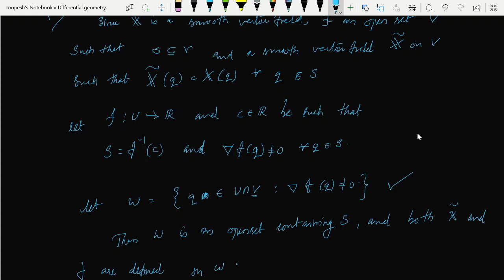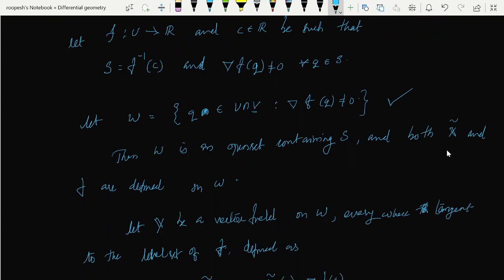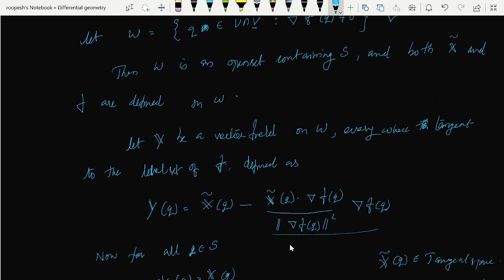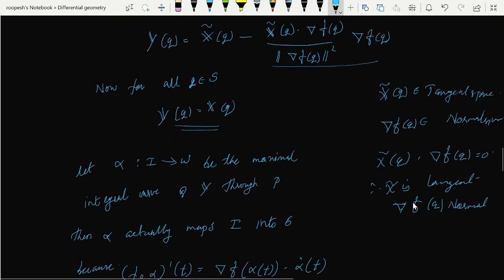Then we can define one more vector field Y of Q, namely X of q minus X tilde of q dot del f of q by norm of del f of q squared into del f of q. Now Y of q and X of q are the same on the surface S. That's the first thing we want to note.